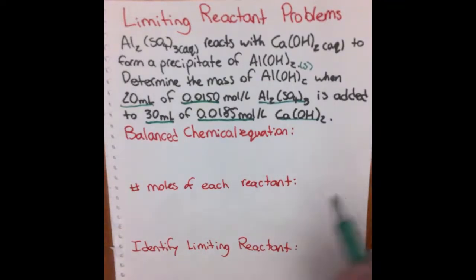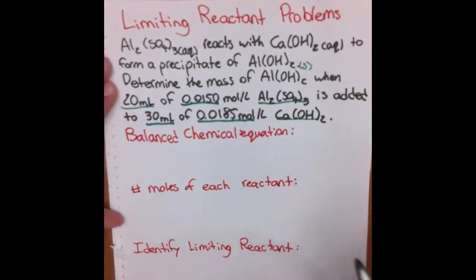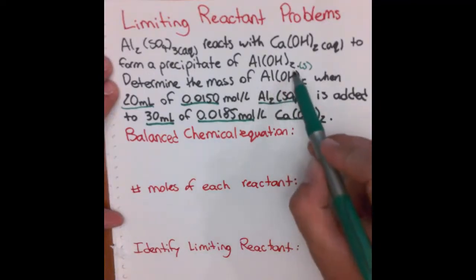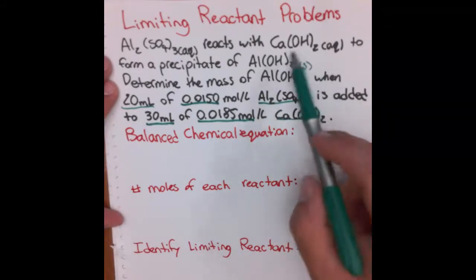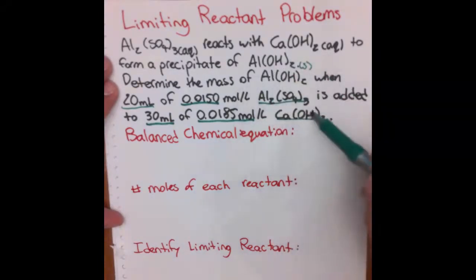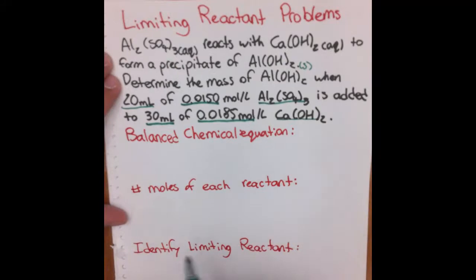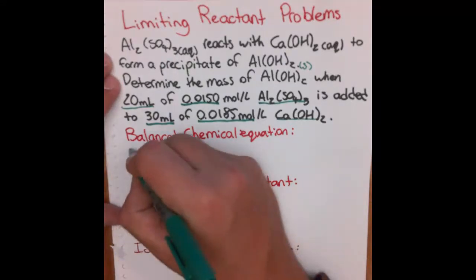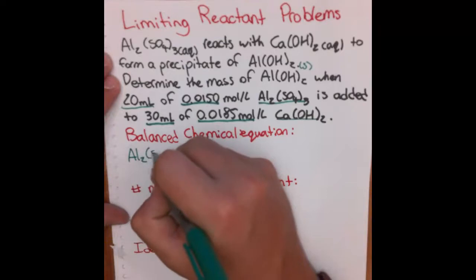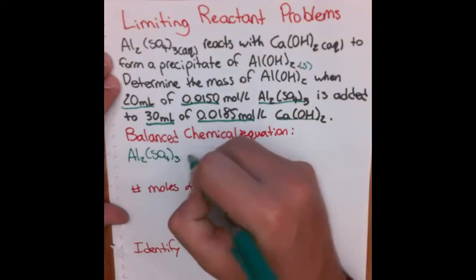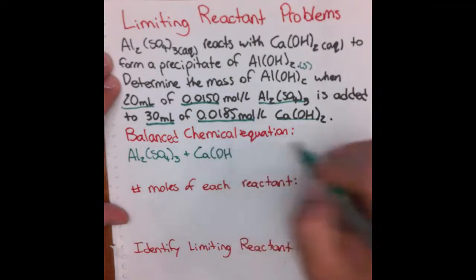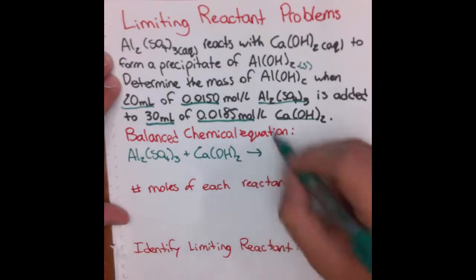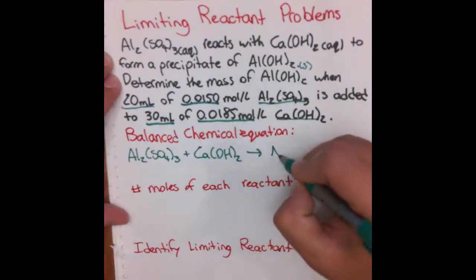So first off, as we start every question, write the balanced chemical equation. Here we can see that we're reacting our aluminum sulfate with our calcium hydroxide in order to produce aluminum hydroxide. And because both of these have two, we're also going to have a byproduct of something else. Writing our balanced chemical equation, we are going to have Al2(SO4)3 plus Ca(OH)2 reacting to produce aluminum hydroxide.